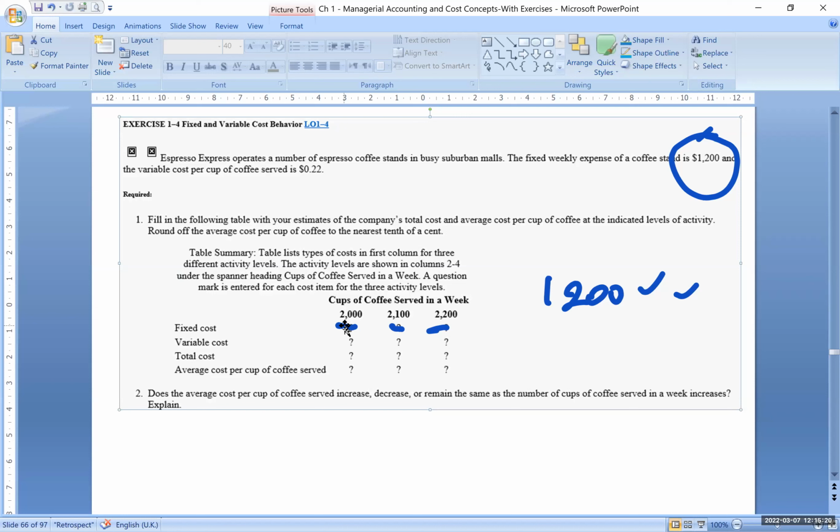What about the total variable cost, which is the second line?